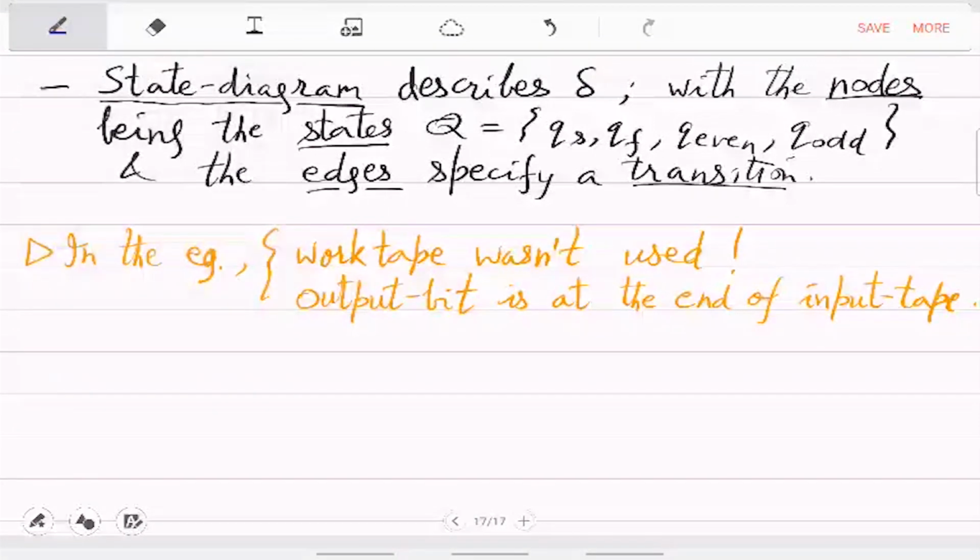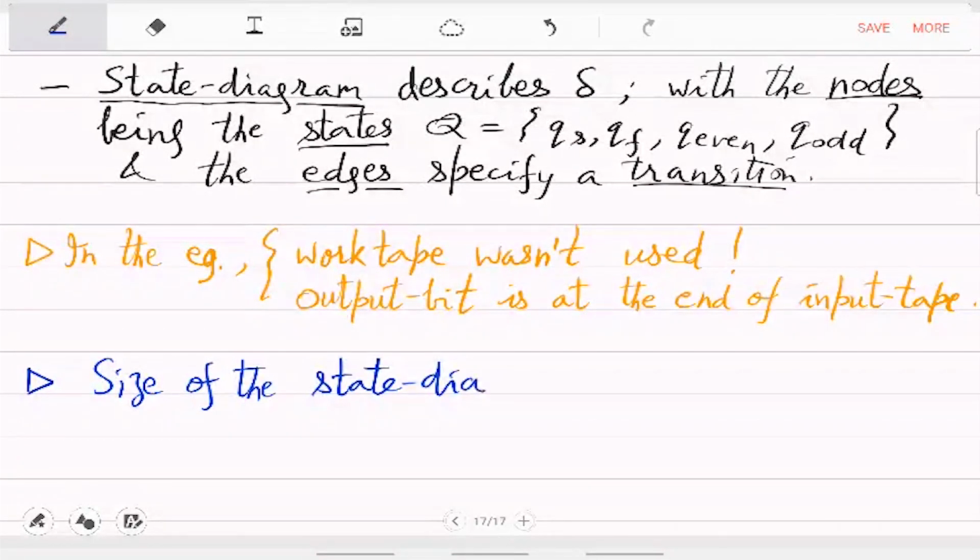So one property that you can see is the size of the state diagram. What does it signify practically? Right, a bigger state diagram means what? A bigger state diagram means a bigger program, right?